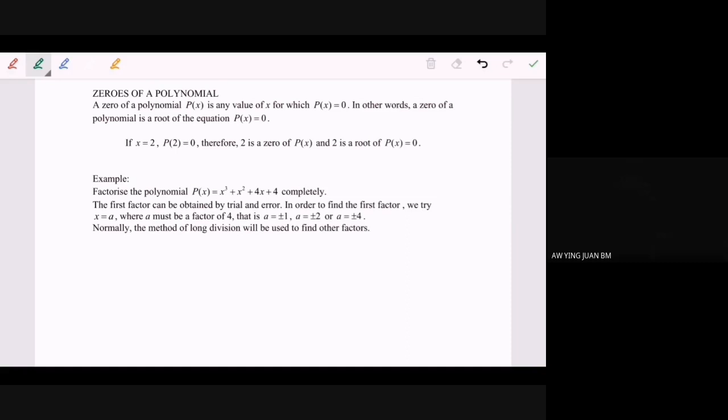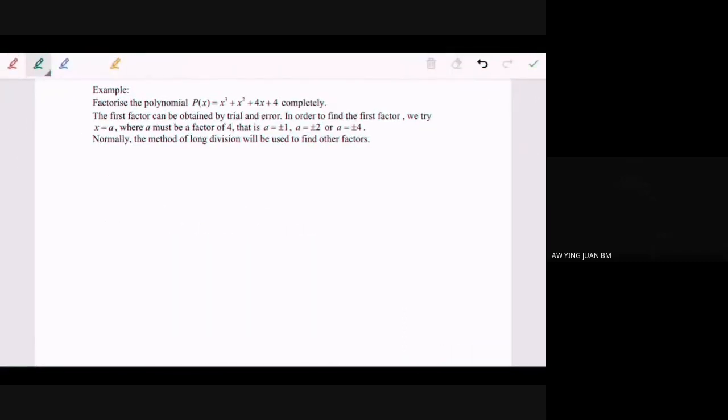So now, here is the example. P(x) is given as x cubed plus x squared plus 4x plus 4. We are going to substitute the value, P(1). We will have 10. So meaning that 1 is not a zero, or we can say x minus 1 is not a factor. We try with another value, which is 2. So we will have 24. Again, the remainder is not 0.